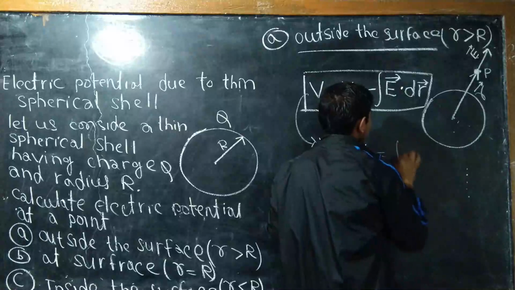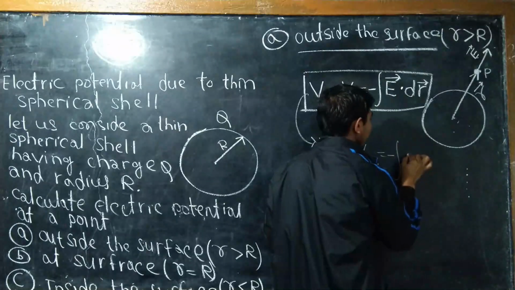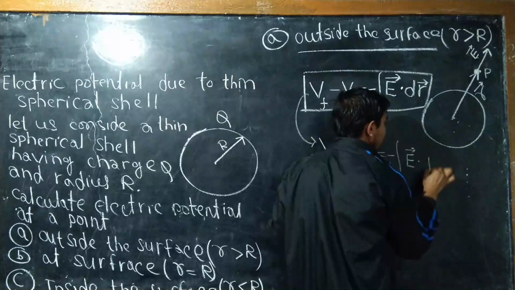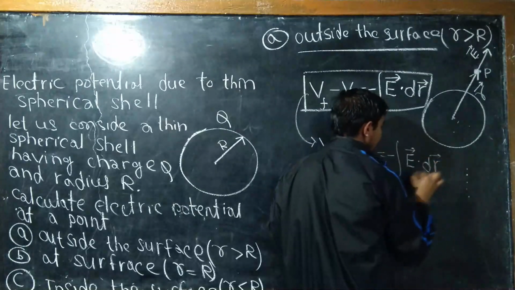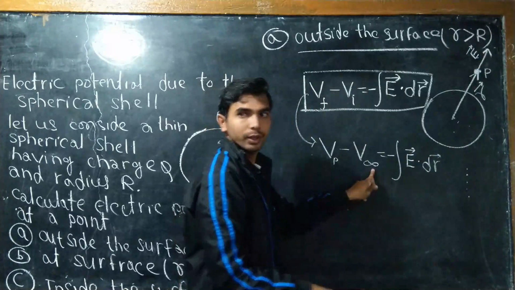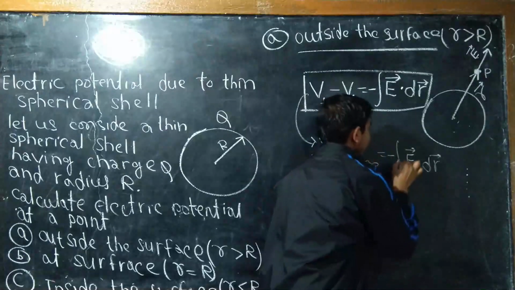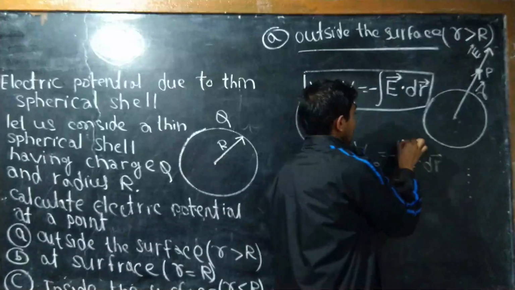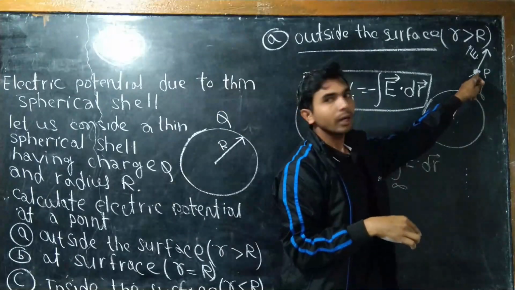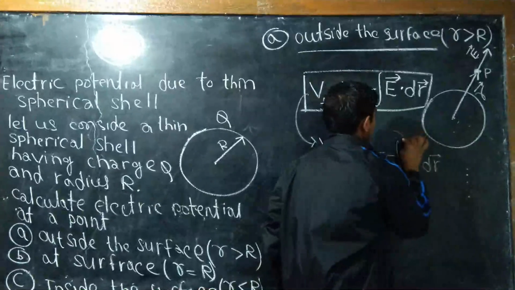And now minus the integration of E dot dr, with lower limit at infinity and upper limit at P, and the distance of P is r.